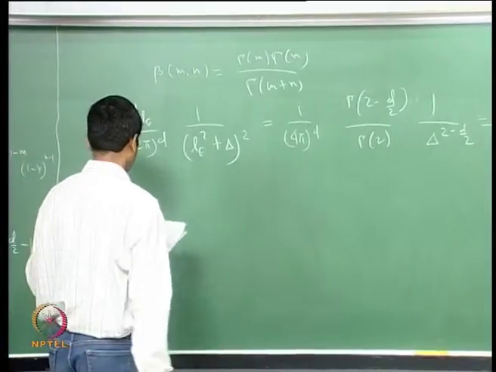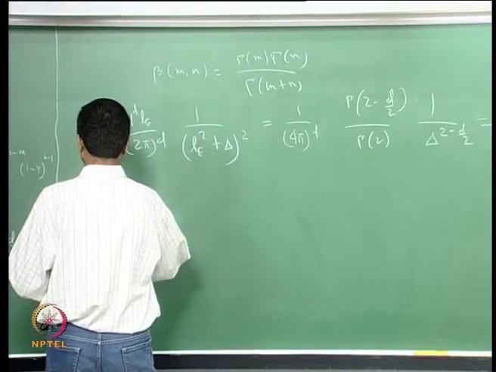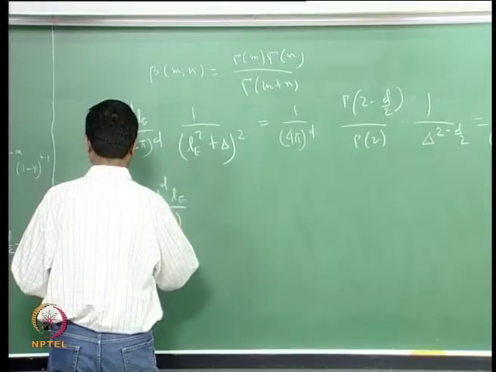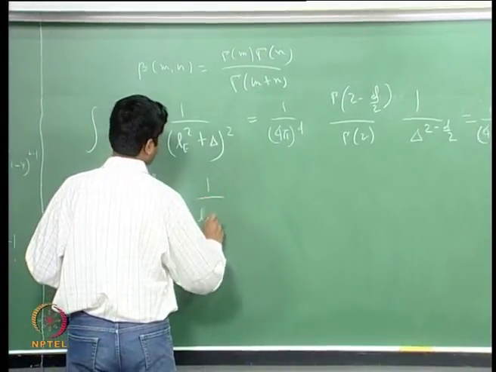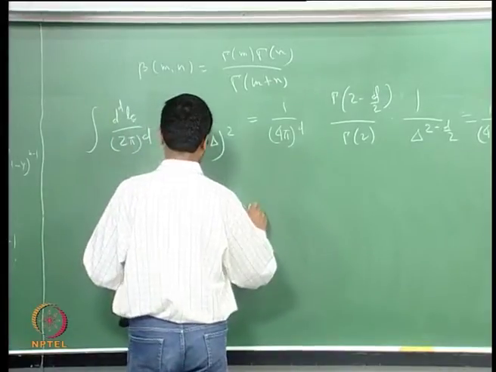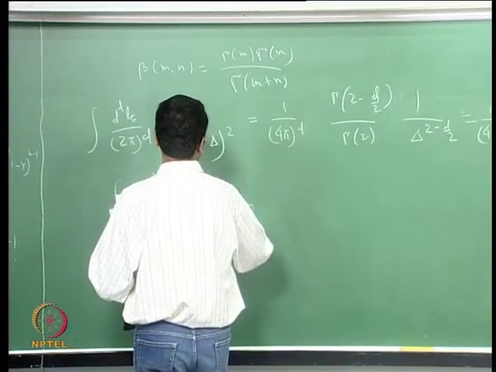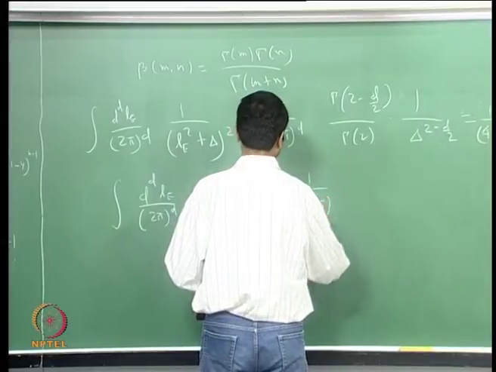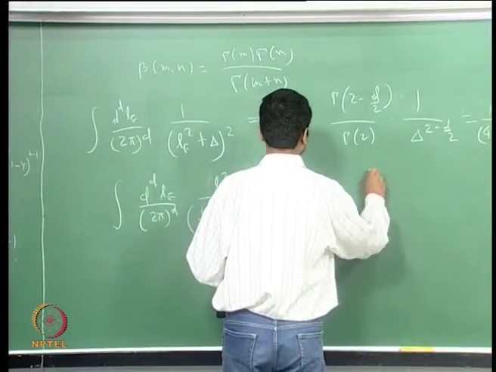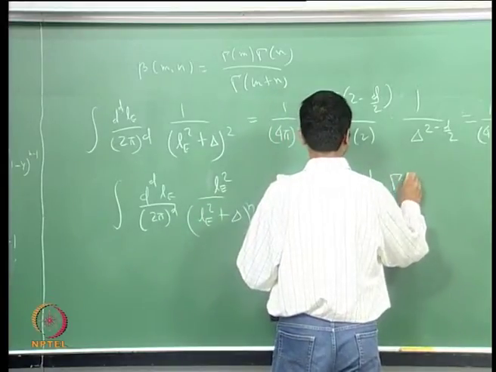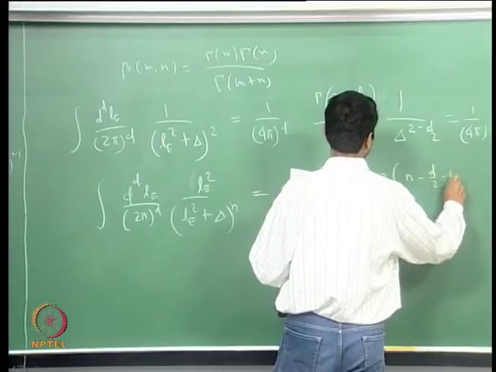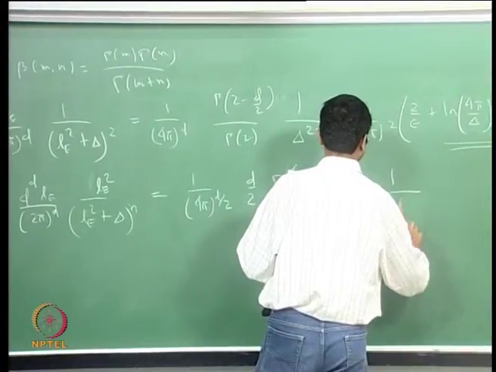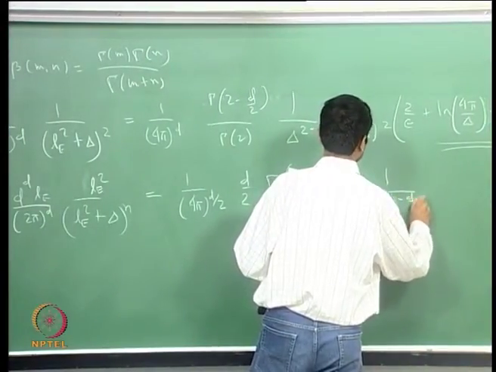So, if you have the integral d^d L_E divided by (2π)^d, of 1 over (L_E² + Δ)^n with an L_E² in the numerator, what you will get is 1 over (4π)^(d/2) times Γ(n − d/2 − 1) divided by Γ(n) times 1 over Δ^(n − d/2 − 1).